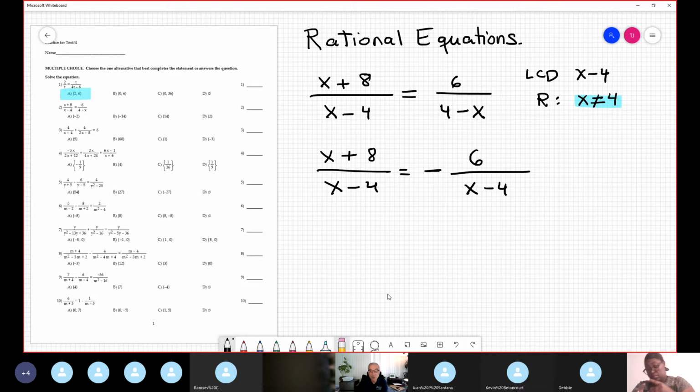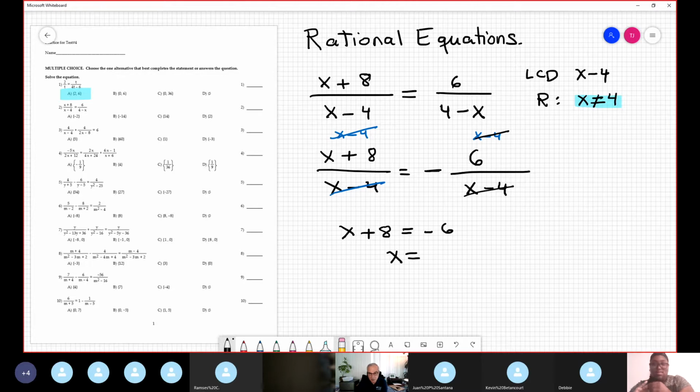Now multiply everything by the LCD. The LCD is x - 4, on both sides. This and this are cancelled. This and this are cancelled. It's x - 4, not minus x; that was a mistake. It's our LCD, and it cancels. And what stays alive? x + 8 equals minus 6.